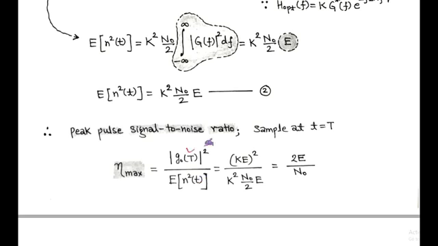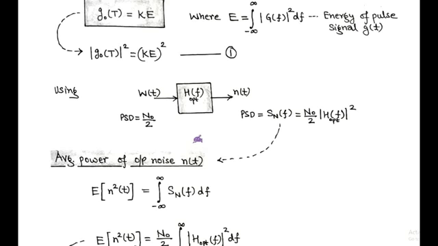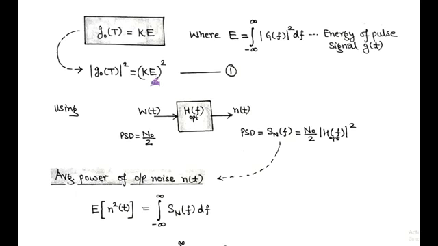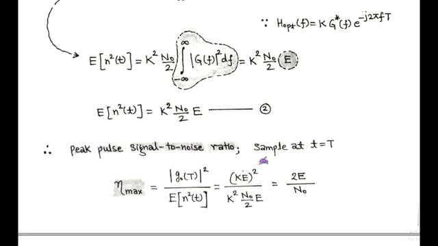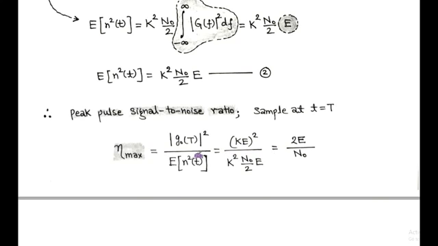In place of |g0(T)| square, we can write (kE) whole square, that represents the energy of the signal, and at the denominator expectation of n square(t) is equal to k square N0 by 2 into E, that represents the average power of output noise N(t).